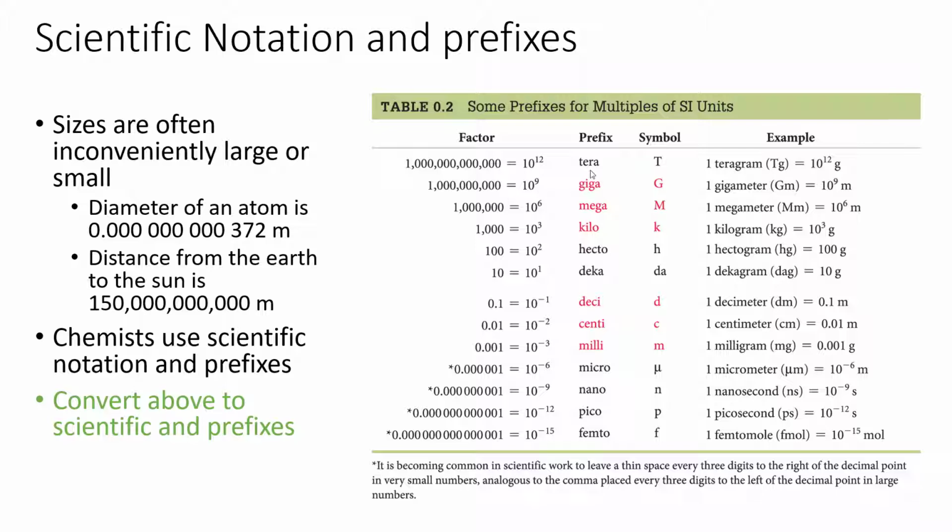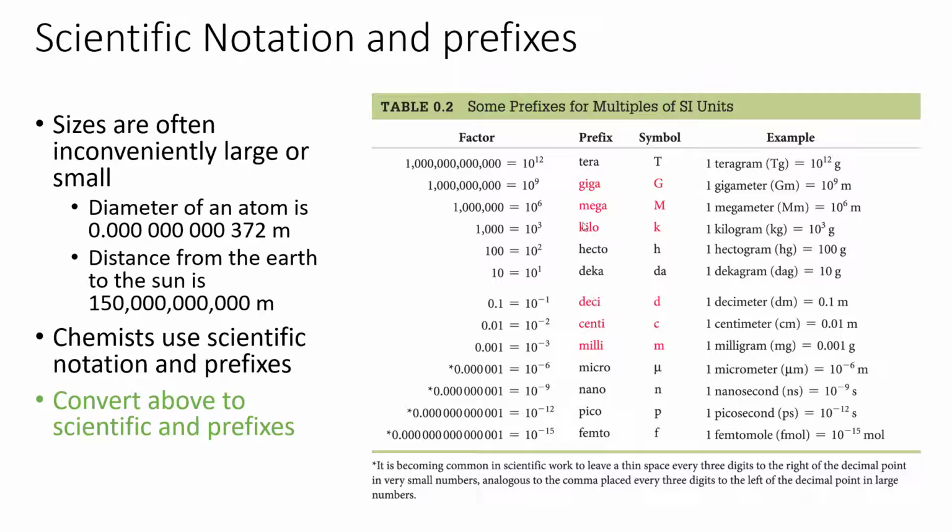So we also have prefixes that can be a shorthand verbal notation of how large or small a value is. I'm sure you're familiar with a meter. A centimeter is 1/100th of a meter, so 0.01 of a meter. A millimeter is 1/1000th of a meter, so 0.001 of a meter.